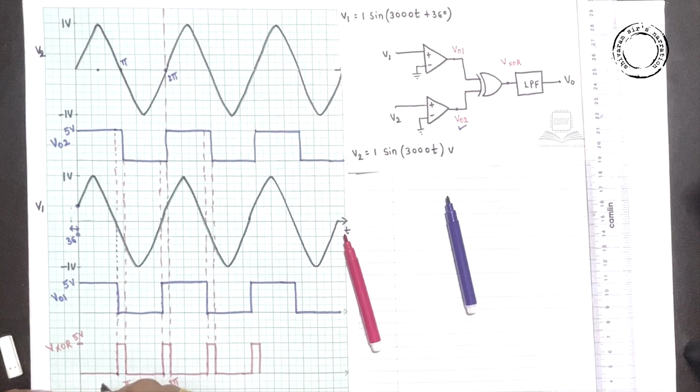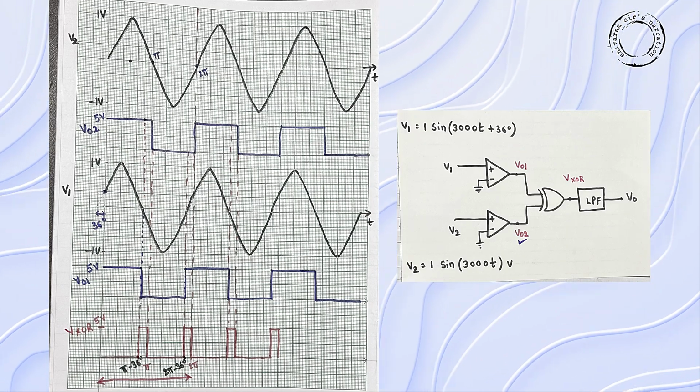It is pi minus 36 degrees. This will be 2 pi minus 36 degrees. So the same component will be repeated in a given period 2 pi. Okay guys.